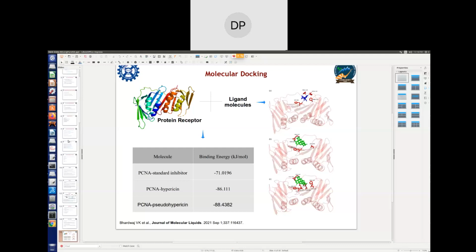Okay, but only histidine 44 is making the bond. So why is this picture important? Because in this paper it is given that histidine 44 is very important for biological action. I mean, if a ligand is making a hydrogen bond with histidine 44, it is able to be retained on the binding site, and it will have the biological action. So based on this, you can rank the bioactive molecules, and we ranked them and got pseudohypericin on the top.